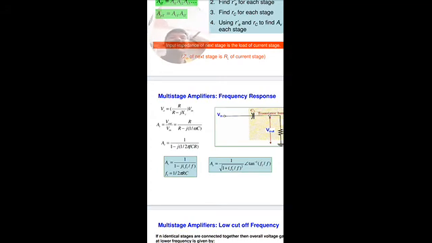Taking the magnitude, AV is 1 by the square root of 1 plus (F1 by F) whole square, and the phase angle is tan inverse of F1 by F.